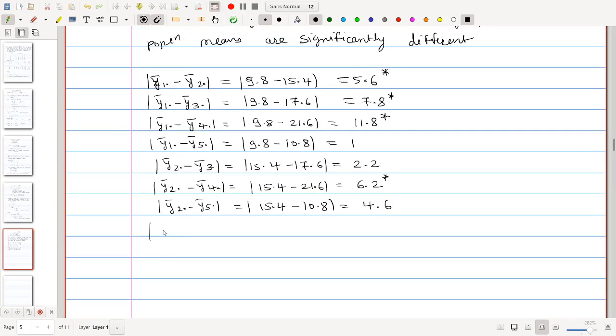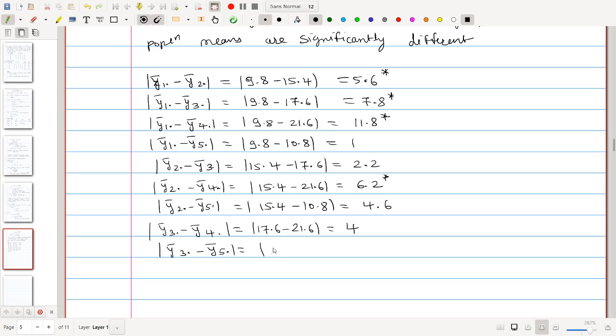Now the next one is 3 versus 4. So here y bar 3 dot is 17.6 minus y bar 4 dot is 21.6. This difference is 4. So this is less than that T alpha. Then 3 versus 5, y bar 3 dot minus y bar 5 dot.